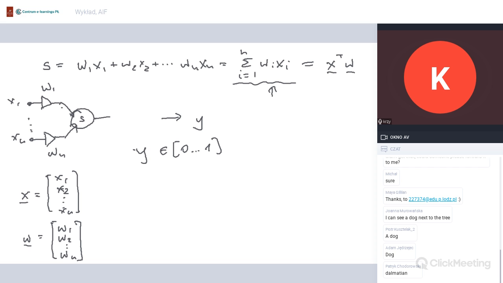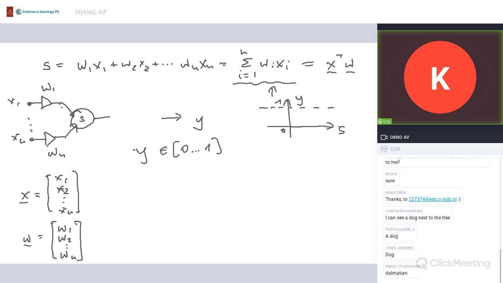So it also should generate only values from this range from 0 through 1. So what do we need here? We need a function that is converting the state onto output, and it converts it so that the range of this function will be limited within this belt from 0 through 1.